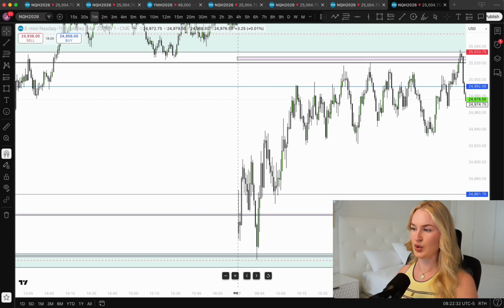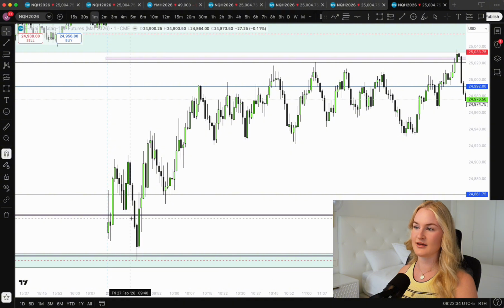Important to note that you can't take the first presented fair value gap at 9:30 because there is no previous candle. So if this candle would have formed a fair value gap on the electronic trading hours, then it's not the first presented fair value gap. So in this case, the first presented fair value gap would be at 9:32.